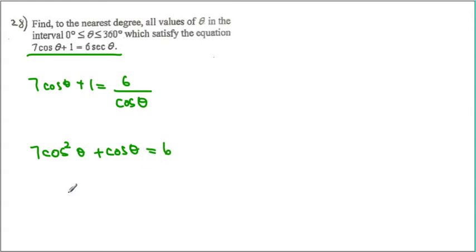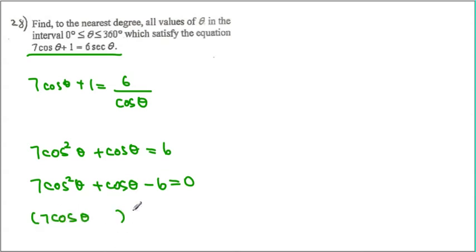By subtracting 6, we get 7 cosine squared theta plus cosine theta minus 6 equal to 0. And here we should be able to factor this one. 7 cosine theta and cosine theta. Somehow 6 has to be distributed into both cases to make that positive, so we could have positive 1, negative 6.